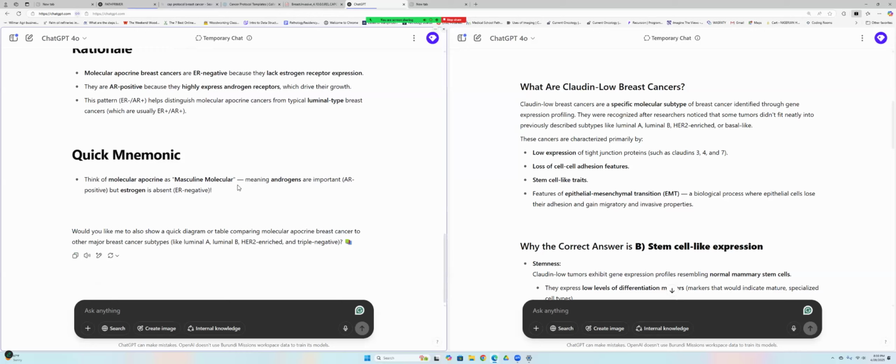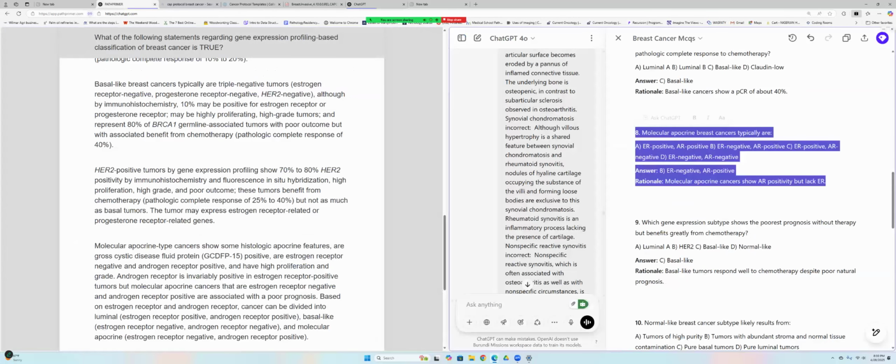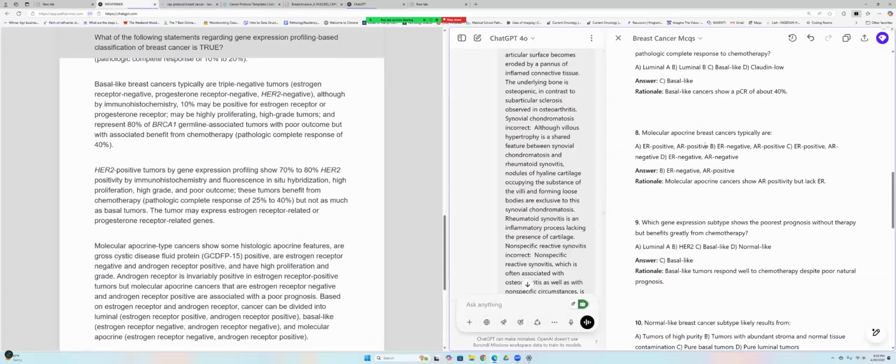So what option is option A? Typical breast cancers are going to be ER positive and AR positive, but molecular apocrine breast cancers are going to be ER negative, AR positive.